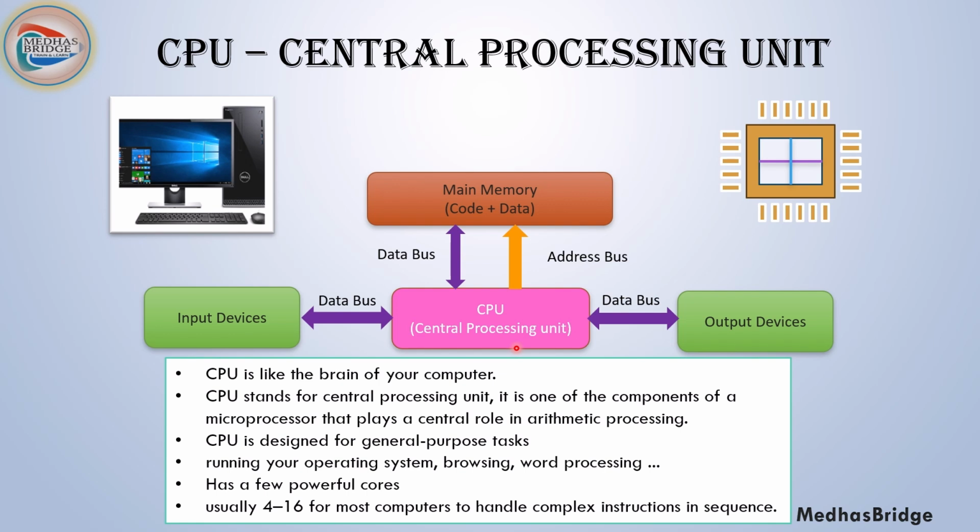Typically we see up to 16 cores or 32 cores, but usually 4 to 16 for most computers, to handle complex instructions in sequence. So the CPU is meant for general purpose and handles instructions in sequence. That is the intent of the CPU. I hope you get the point.